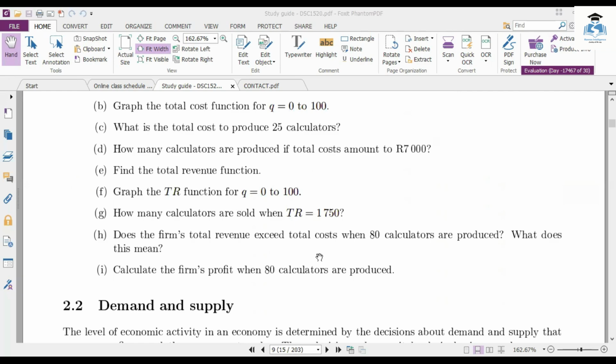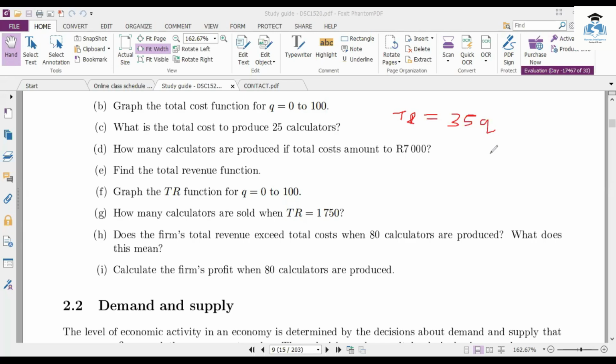Now, they are saying how many calculators are sold when TR is equal to 1,750. So we know our TR is 35Q, right?